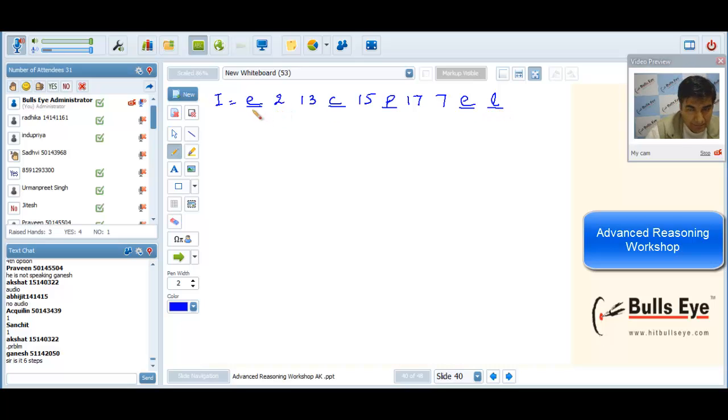I'm writing the number of alphabets which these words contain: 4, 3, 7, 6, and 4.